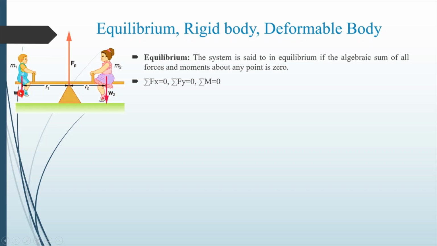So W1 and W2 will be acting towards the ground, that is in downward direction, and Fp will be in upward direction. If you say this beam or seesaw is in equilibrium, then the conditions of equilibrium should be satisfied. So we'll check the conditions to get the conditions of equilibrium satisfied.